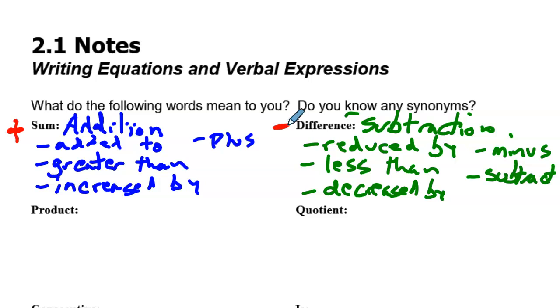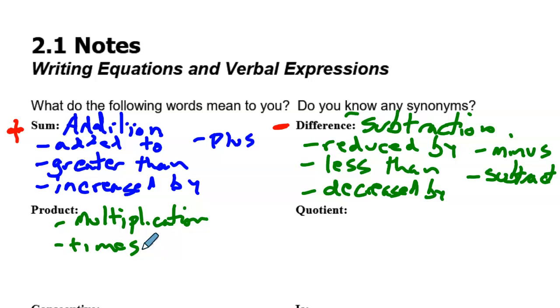All right, product is when we have a multiplication problem. And you might see the word times, or by a factor of. The symbol we normally use in this class is the large dot.